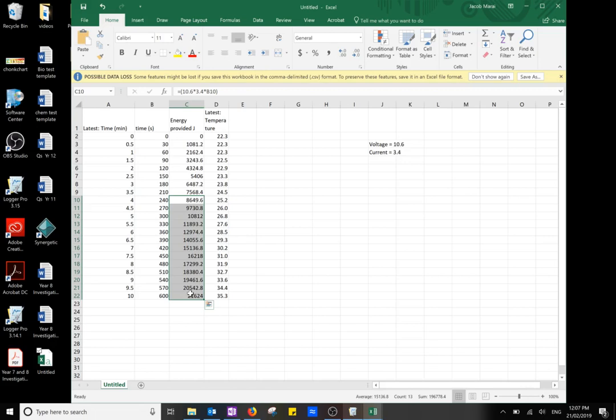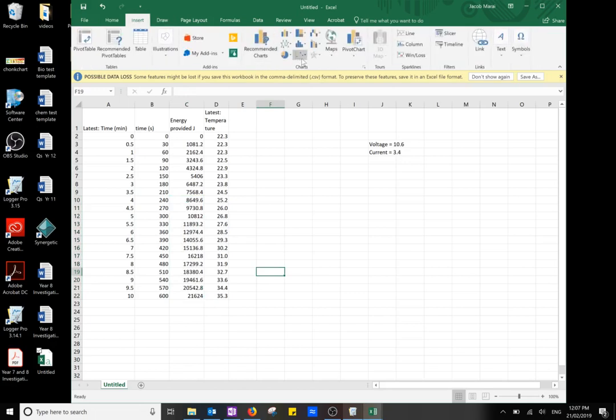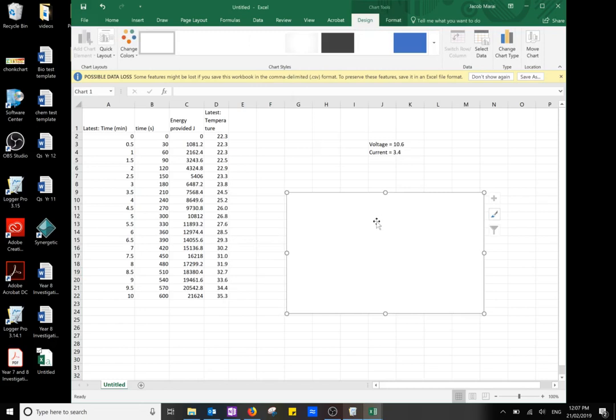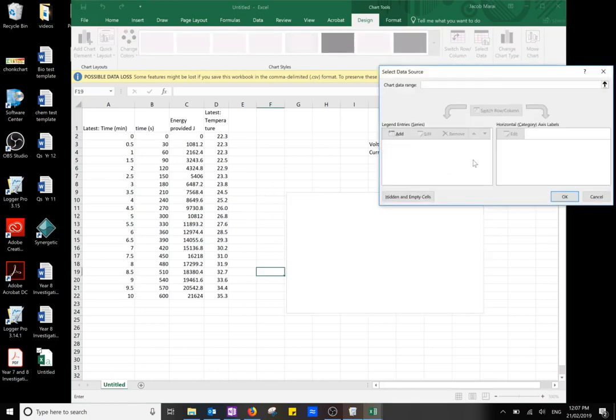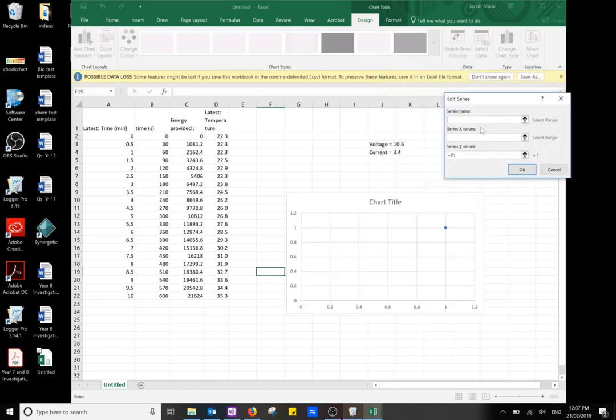Okay, so I want energy on the y-axis, and there's a reason for that. So we'll go insert chart, and we'll do a scatter, and we'll select the data by right-clicking, select data. I want my temperature to be on the x-axis, so we will add a series.